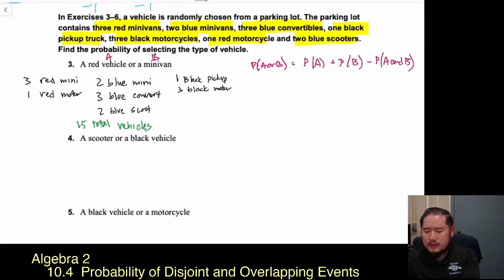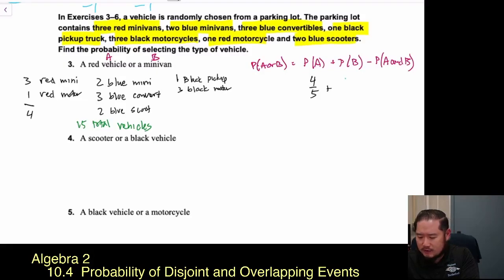And so the probability of it being a red vehicle, we have a total right here of 4. So it will be 4 out of 15. The probability of it being a minivan, let's see how many minivans we have. I've got 3 red, 2 blue, and that looks like it. So we have a total of 5 minivans in this lot.